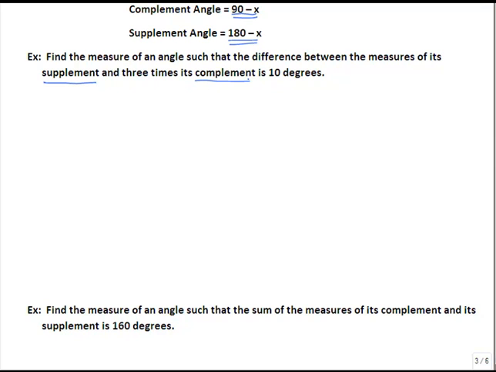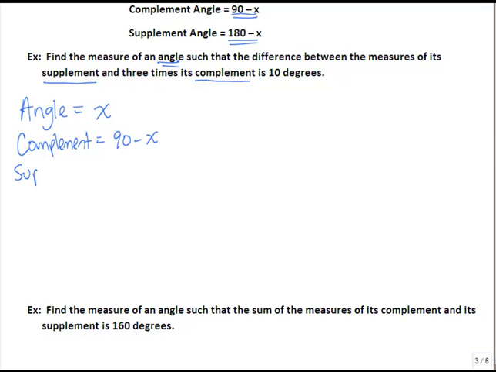So the first 3 things you're going to write down would be the following. The original angle, that's the thing I'm trying to find, and that's the thing we don't know, so that's going to be your X. If the original angle is X, then its complement has to be 90 minus X. That's always true for all of these problems.